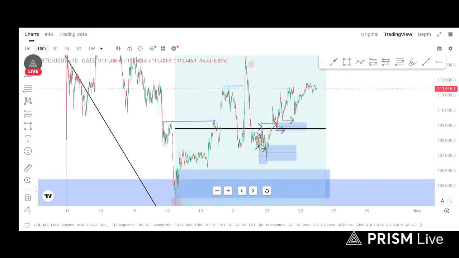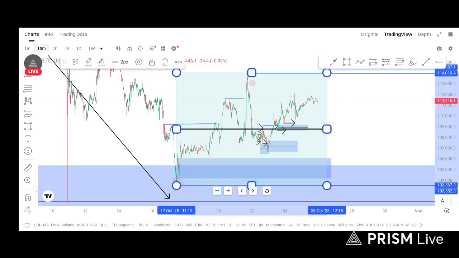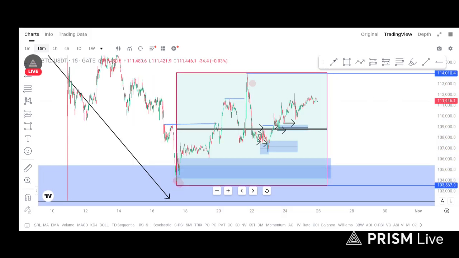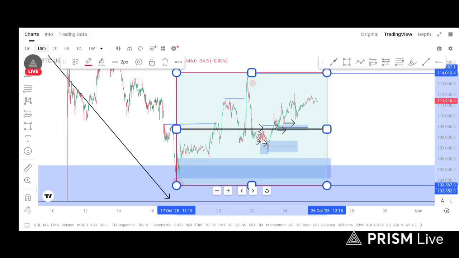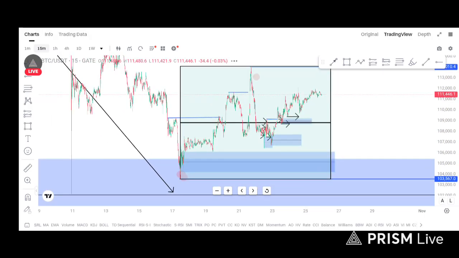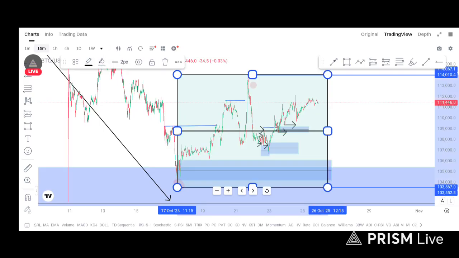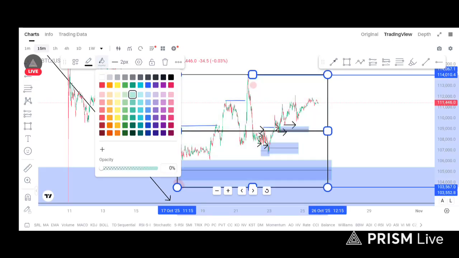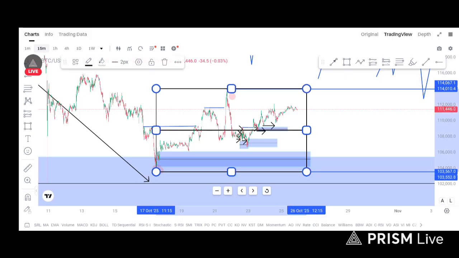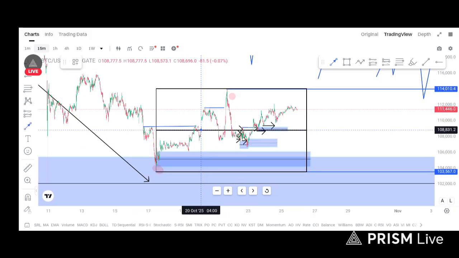Now this is to indicate the premium. So this is the premium and discount zone we are looking at, from this high to this low, right?